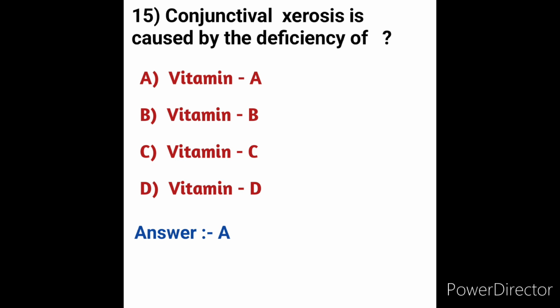Here option A is the correct answer. Conjunctival xerosis is caused by the deficiency of vitamin A. What is conjunctival xerosis? It is characterized by a dull and dry appearance of the conjunctiva with slight wrinkling caused by a loss of goblet cells and insufficient mucin secretion.